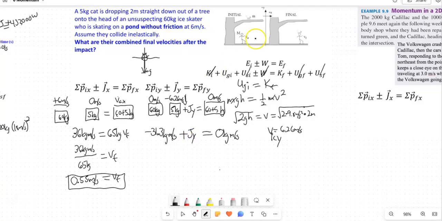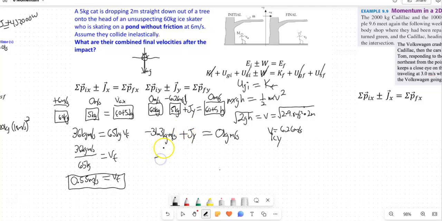When that cat landed on me, it crunched down on me, and I had to push up in order to keep my entire velocity as 0 in the y direction. So I had to push up over a period of time.